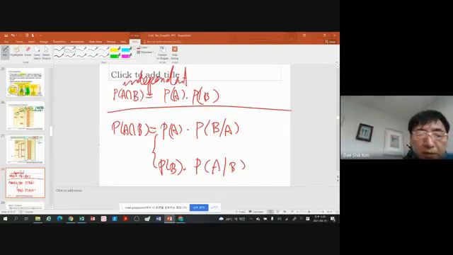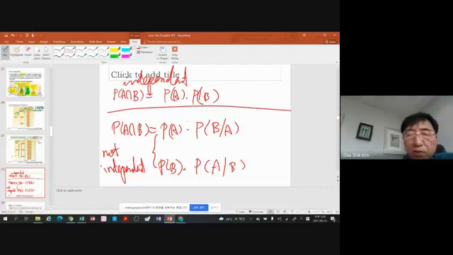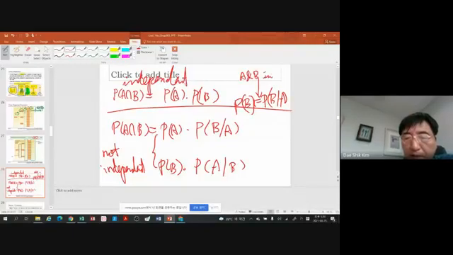The second is when A and B are not independent. But when you compare these two rules, P(B) is equal to P(B given A) if A and B are independent.